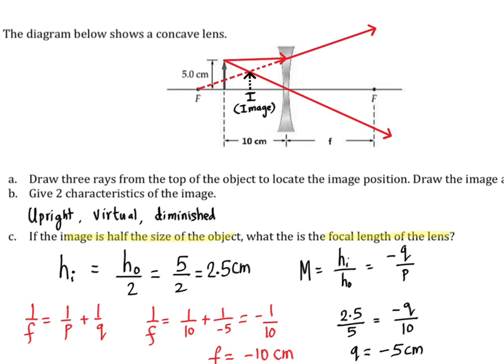I need to get the value for focal length, which is f. That will give me minus 10 centimeter after flipping it. And it's negative because we have a concave lens, so that is matching with our sign convention.